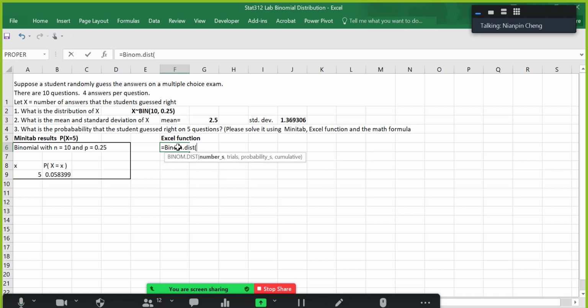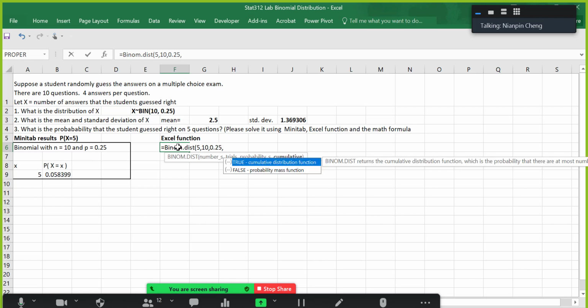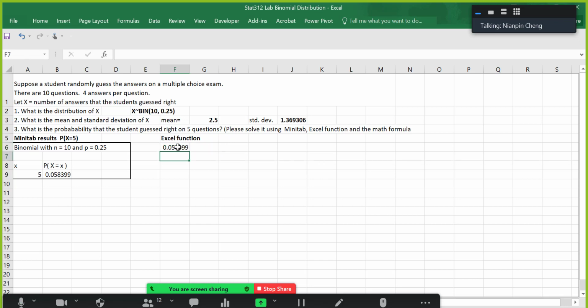The first argument is the number of successes, 5 times, 5 questions correct. You try 10 times, 10 questions. The probability of success is 0.25. And this time it's not cumulative, exactly x equal to 5, so we put 0, which means it's the probability mass function. So you got the same, correct answer.